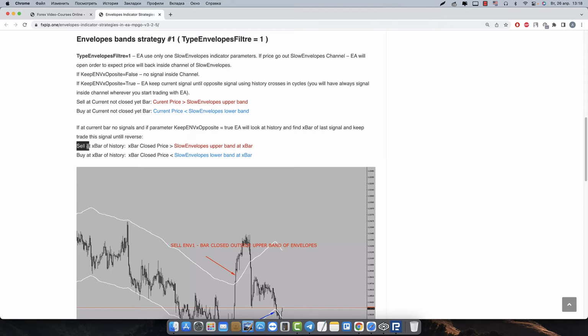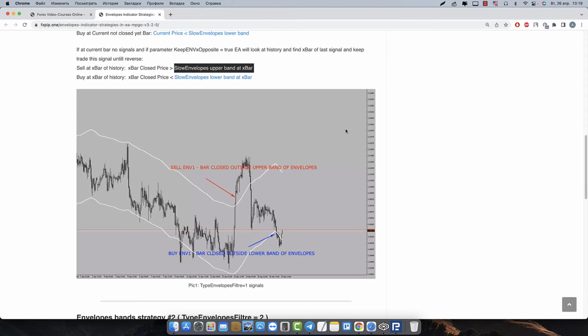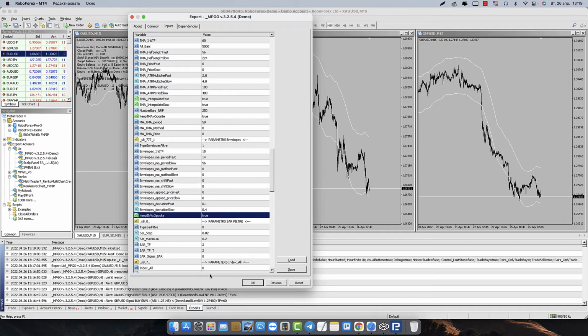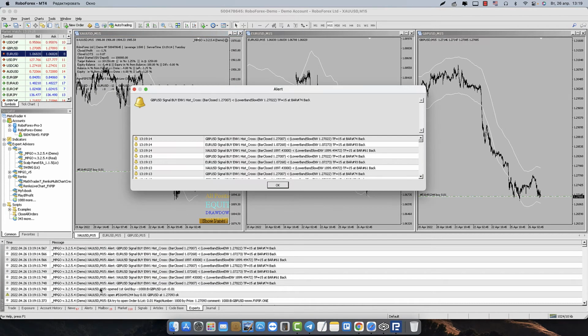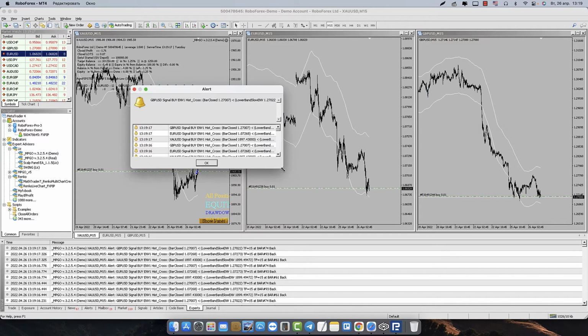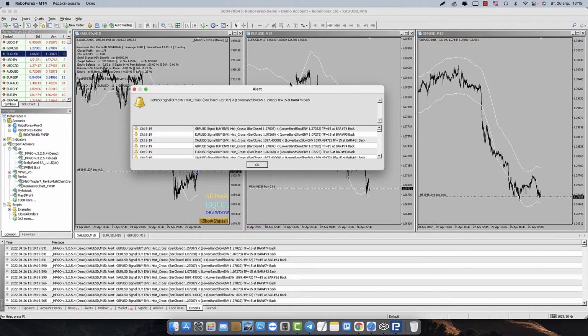It means the robot searches the history. Some bar must be closed, and the close price must be higher than the upper band of the envelope, like this. It found some bar, and the robot will keep that signal. So let's check what the signals will be in our example, and why it makes it like this.